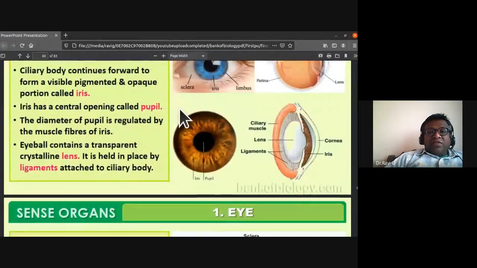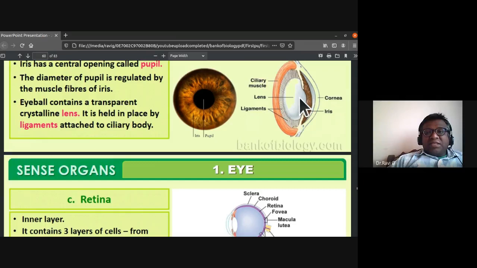The diameter of the pupil is regulated by the muscle fibers of the iris. In dark light, the pupil is going to dilate, and in bright light, it is going to constrict. The eyeball contains a transparent crystalline lens.